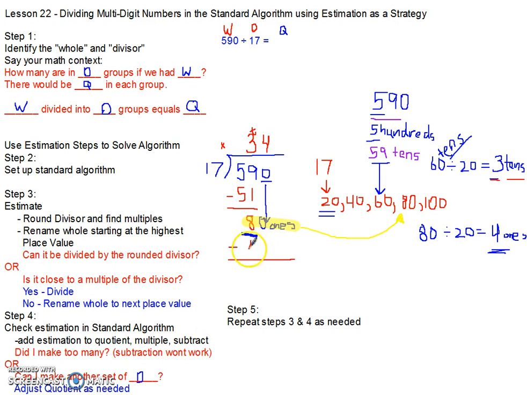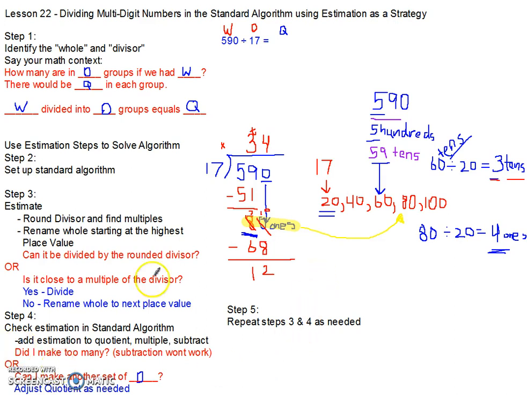So we would subtract 68, which is 4 times 17. The 8 becomes a 7, and the 0 becomes a 10. There we go. 10 minus 8 is 2, and 7 minus 6 is 1. And remember, this is ones.